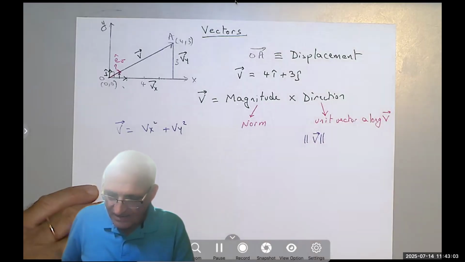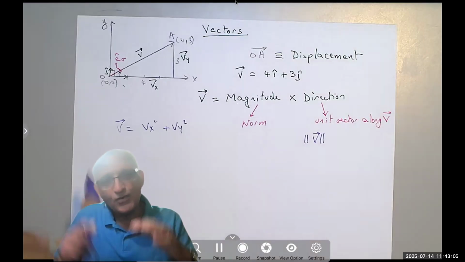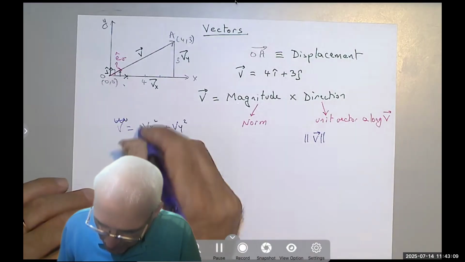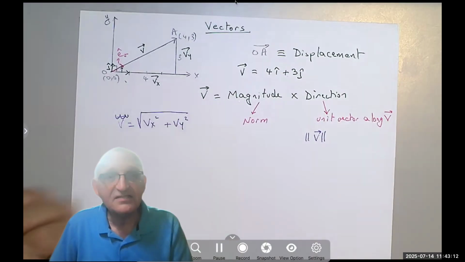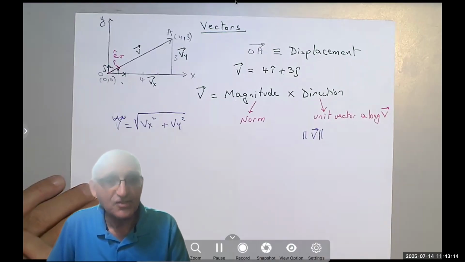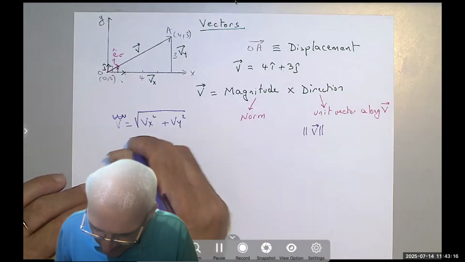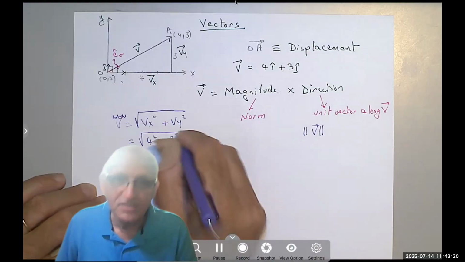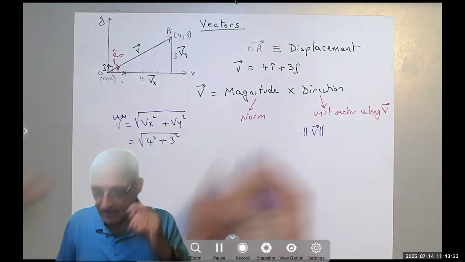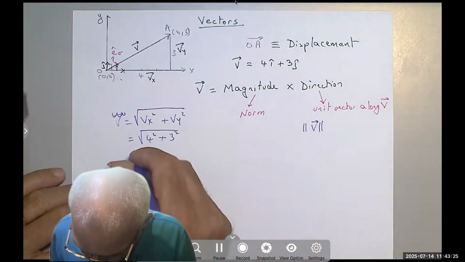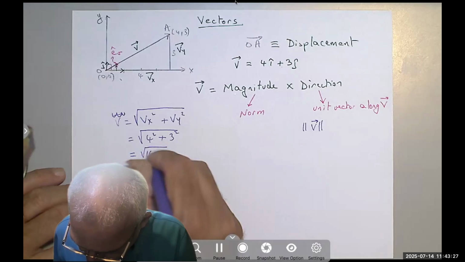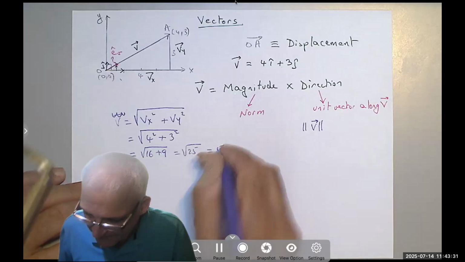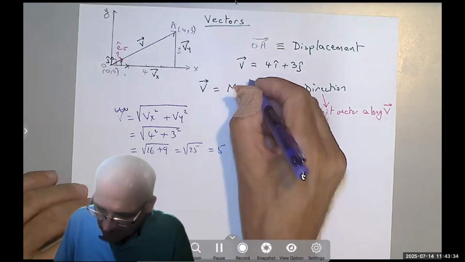But to simplify things, if I write it without the hat, so I want the magnitude of V, it's the square root of the magnitude of V sub x squared plus V sub y squared. In this case, it's the square root of 4 squared. And notice I used 4 and 3 because all of you know how to apply the Pythagorean theorem here. It's the square root of 16 plus 9. It's the square root of 25. It is 5. So the magnitude here is 5.